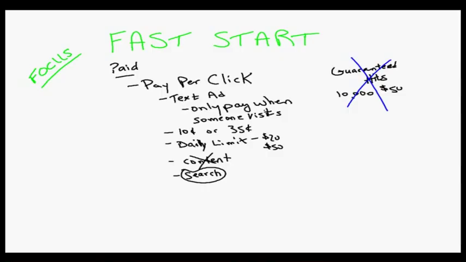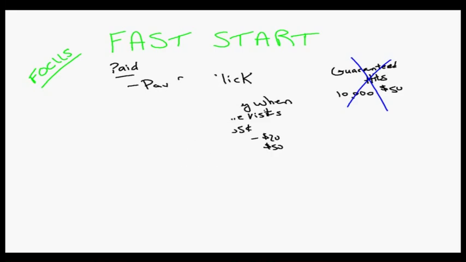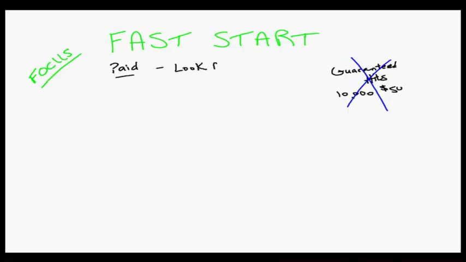So you can do this stuff with pay-per-click, and it's very easy. Just write a short ad with a little catchy headline, and I'll give you a big tip on how you can come up with great ads very quickly. And this comes from a guy that used to practice law, is you cheat. How do you come up with a great ad? You look at ads already up there.